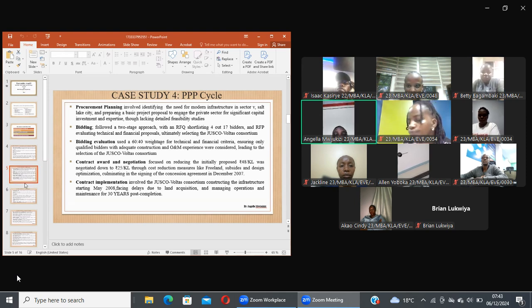Then under contract award and negotiation, it focused on reducing the initially proposed 48 rupees to 25 rupees through cost reduction measures like government offering free land and subsidies, also design optimization, which ultimately led to the signing of the conceptual agreement.